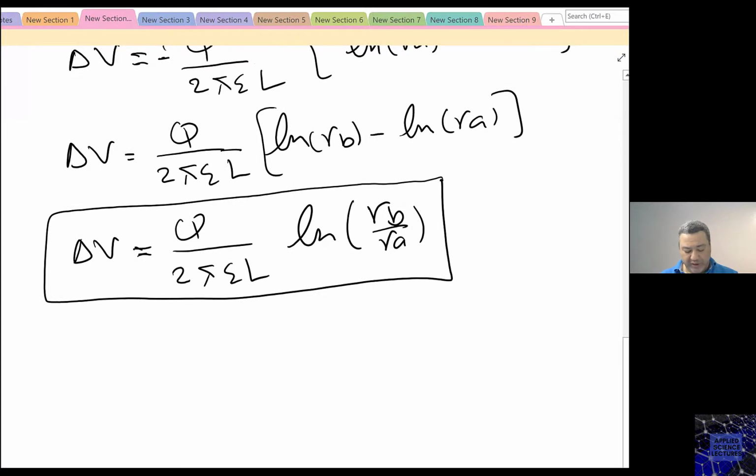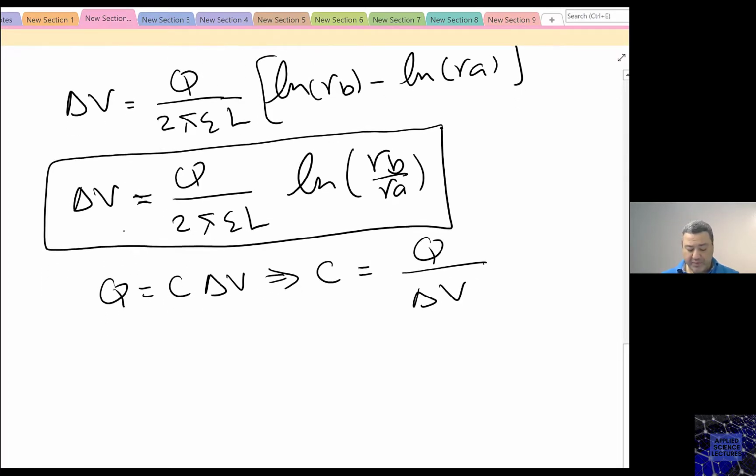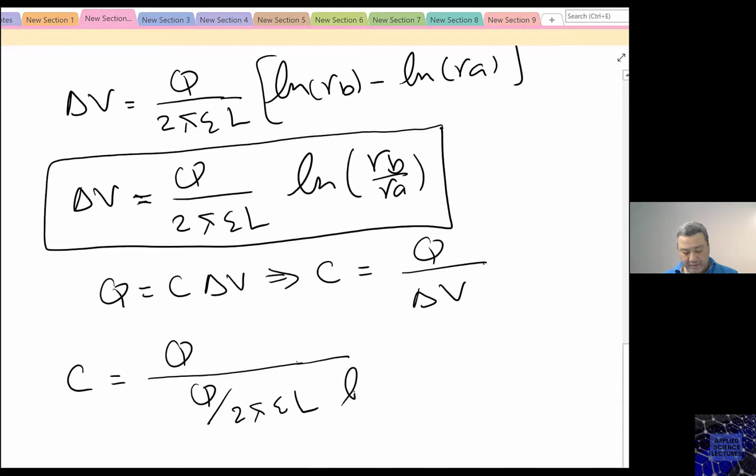Now, if I want to calculate the capacitance, then I know that Q equals C delta V, so C equals Q divided by delta V. I know the potential difference, so C is Q divided by Q over 2 pi epsilon L times the logarithm of Rb over Ra.